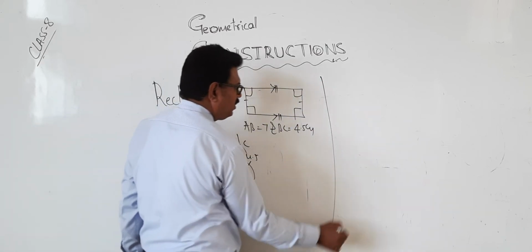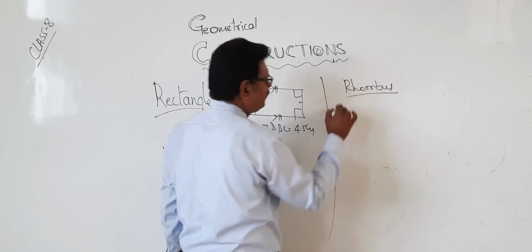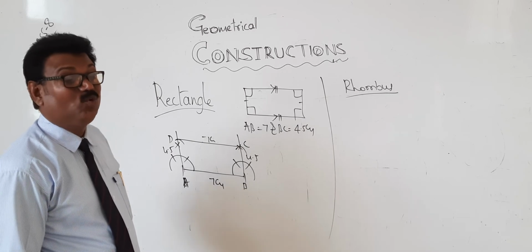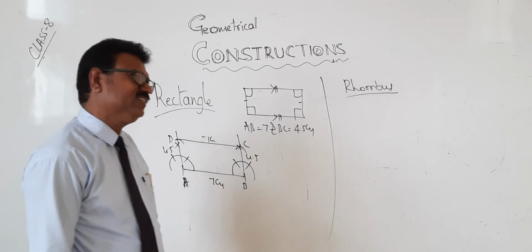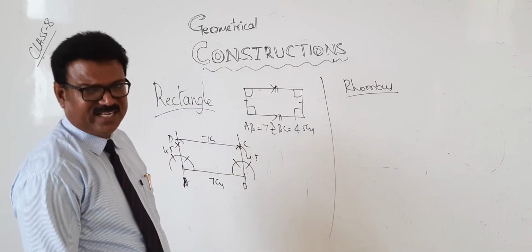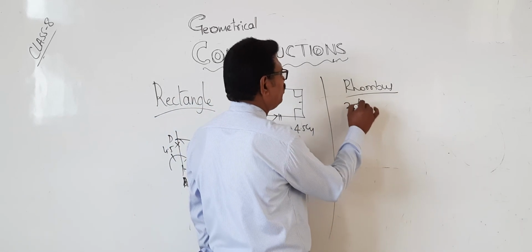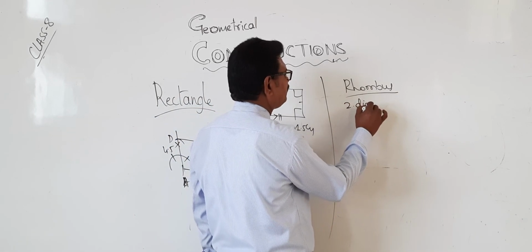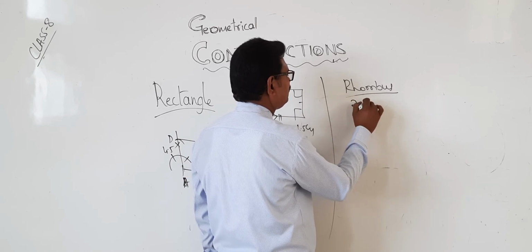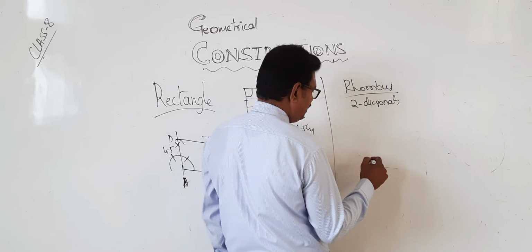Next one is rhombus. In a rhombus, we know that all sides are equal. We can construct if only sides are given, or if only two diagonals are given.